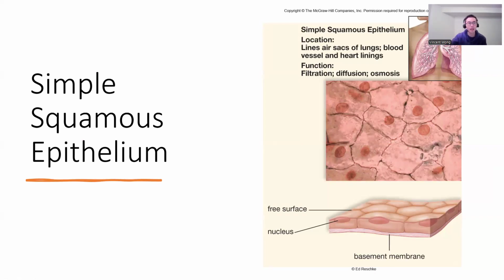Okay, so let's start with simple squamous. What does it mean? Simple means one layer. Squamous means flat cells. So where do you want to have a single layer of flat cells? Well, if it's just a single layer of cells, it's really easy for things to pass through.